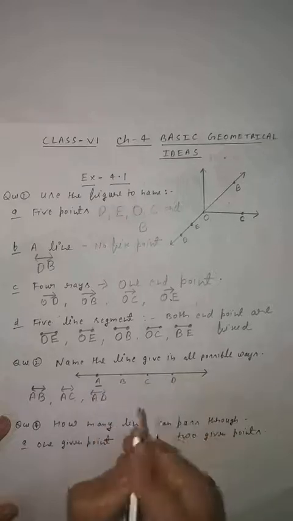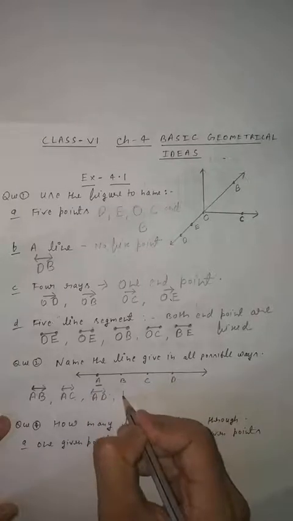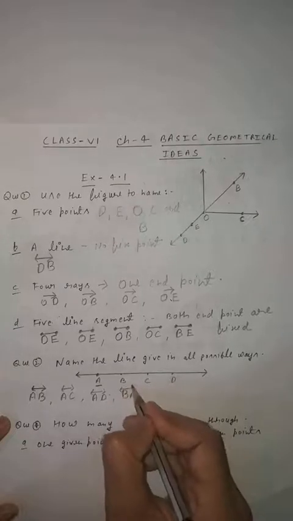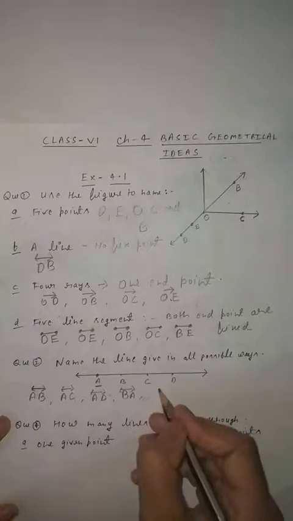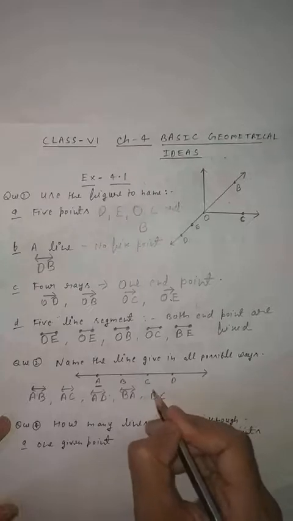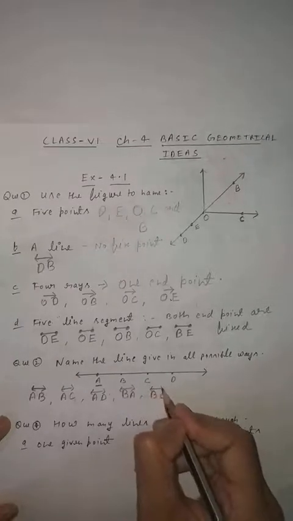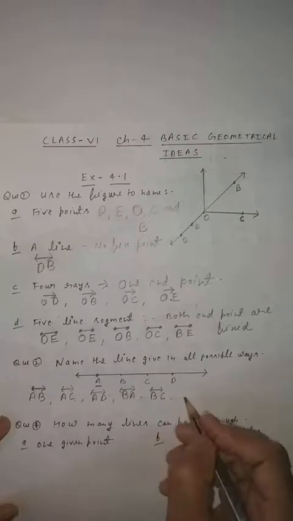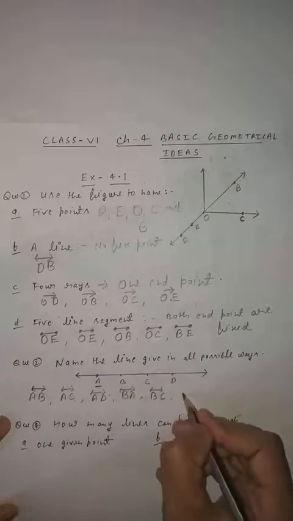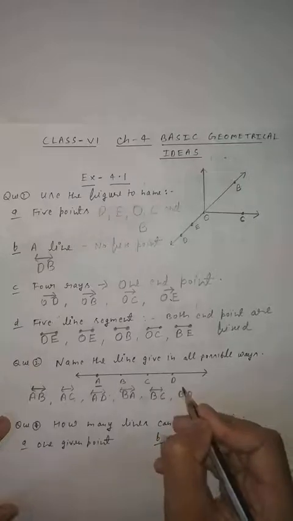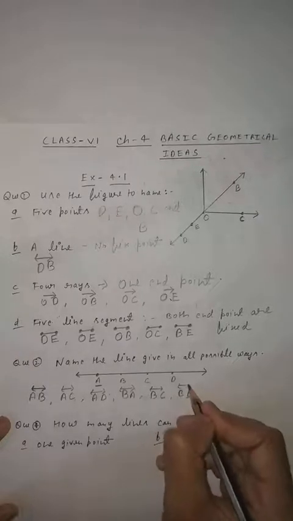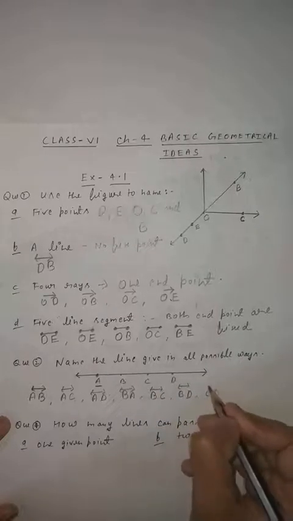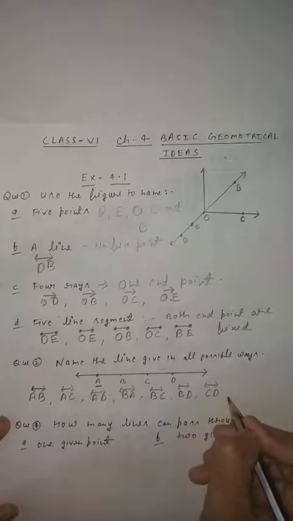Now A is completed. Now choose B. Now BA you can write down. All possible you have to write down. Next you can write BC. Clear, students? Now next you can write BD. Clear? Now B is completed, come on to C. So first is CD. Clear, students?